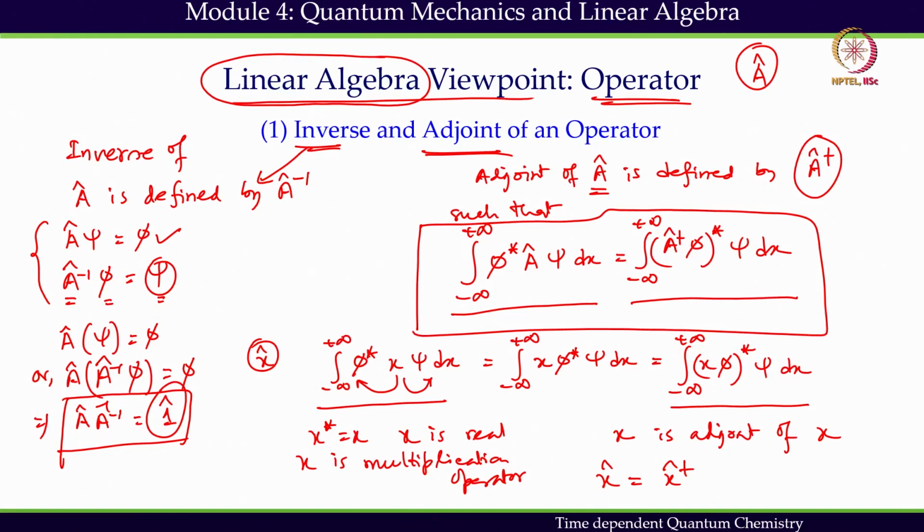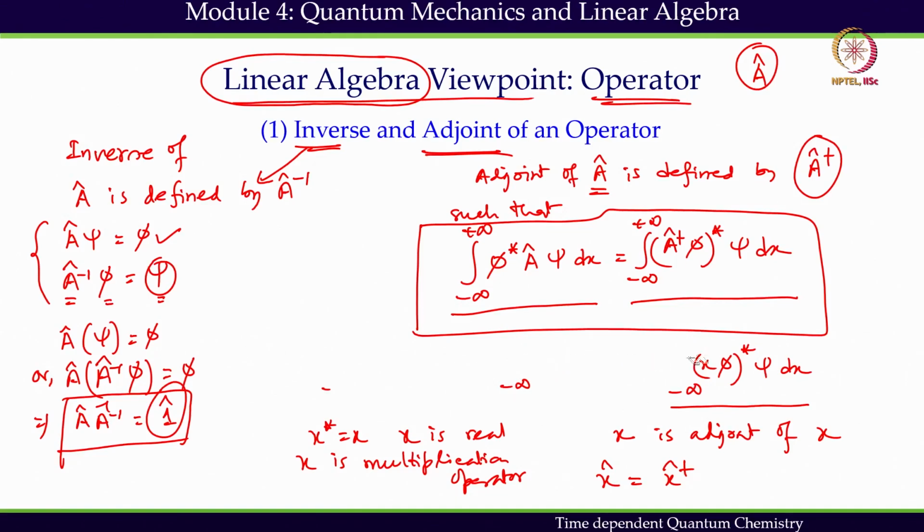Now we will check a derivative operator, to see what kind of results we get for it. So we have already written that the X operator is equal to its adjoint.